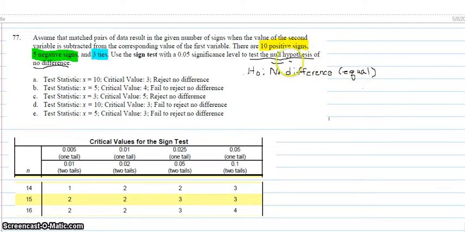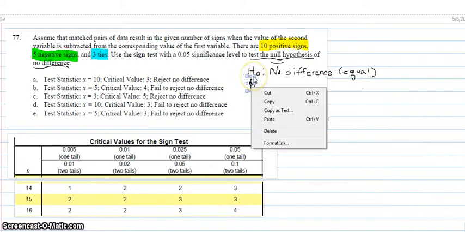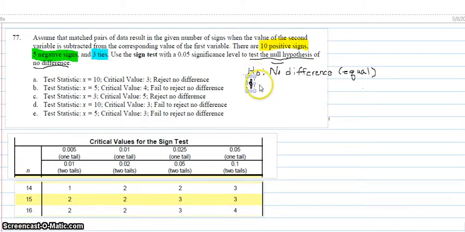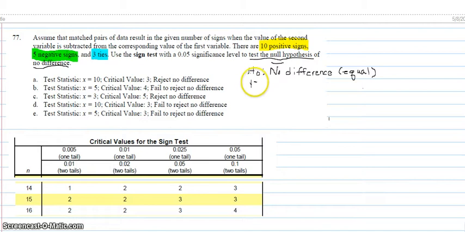Our H1 is telling us there's a difference. In other words, they're not equal.